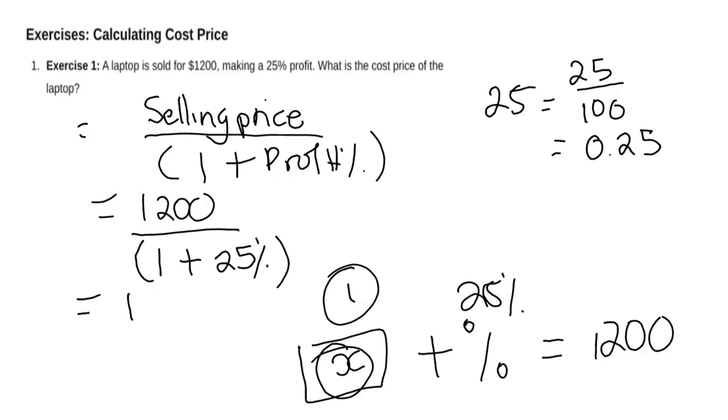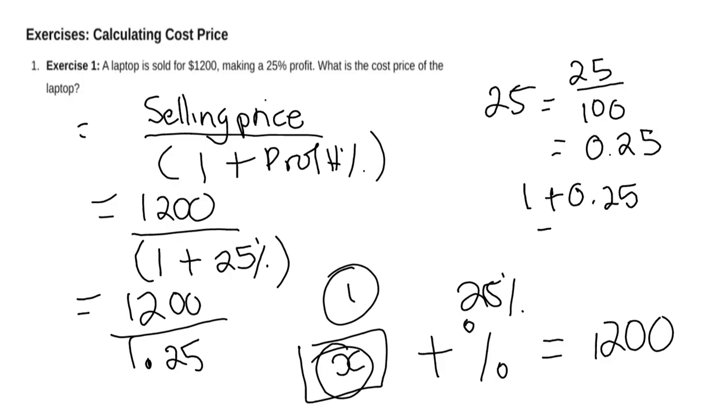So we say 1,200 over 1.25, because if we say 1 plus 0.25, we are going to have 1.25. So our cost price would be 1,200 divided by 1.25, and this gives us 960 as our original price.